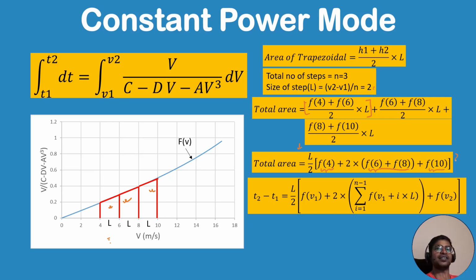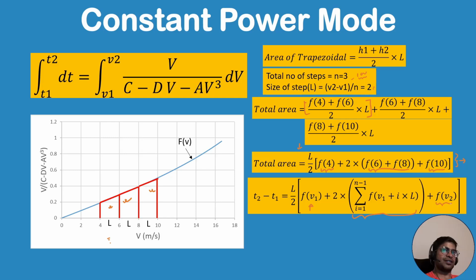So we can write this in a general form. Let's say instead of n equal to 3, I took n equal to 100 for more accuracy. Then we can write this in a more general case, which is total time is equal to L by 2 multiplied by the first value, which is f of v1, plus 2 into the summation of all the intermediate steps, plus the last value.